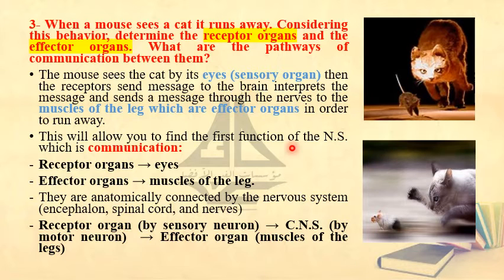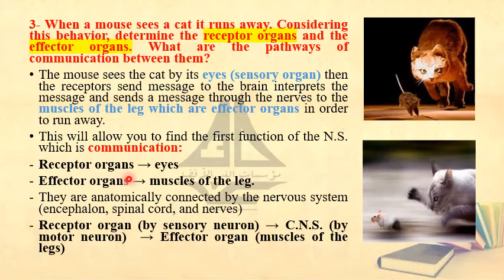nervous system. So this allows you to find the first function of the nervous system, which is communication. The communication that takes place in our body between the receptor organs and the effector organs is due to the action of the nervous system, by the action of the brain, the spinal cord, and the nerves.